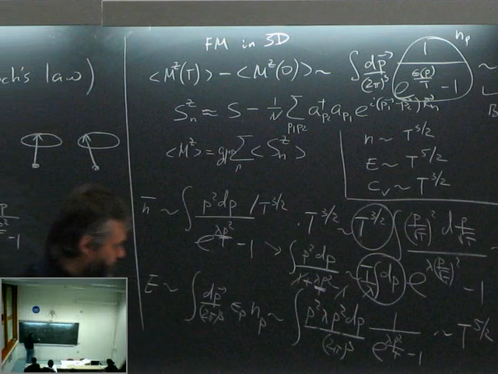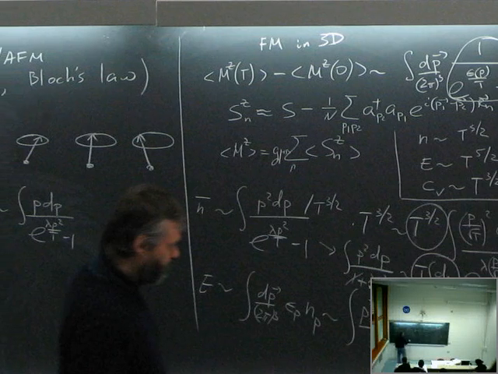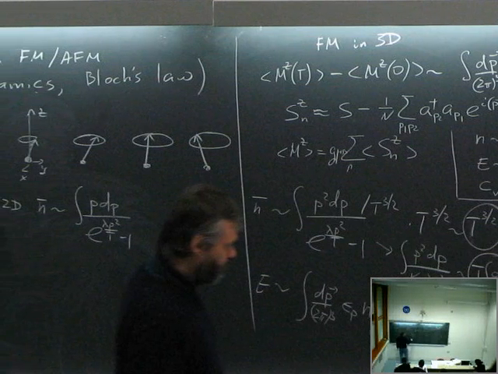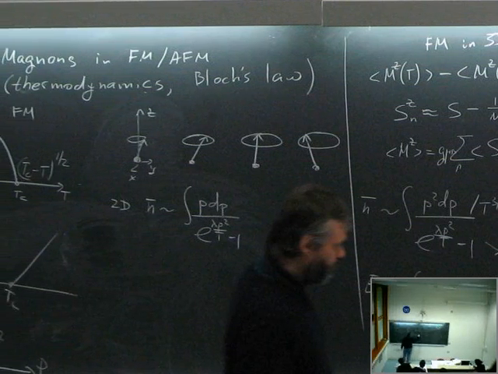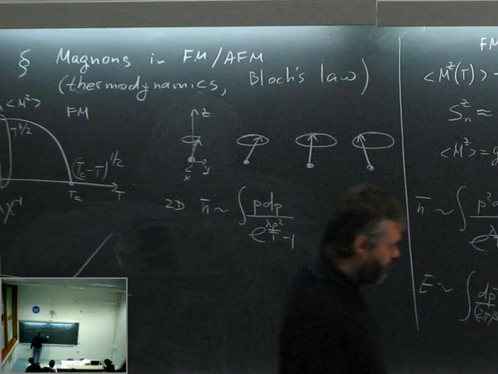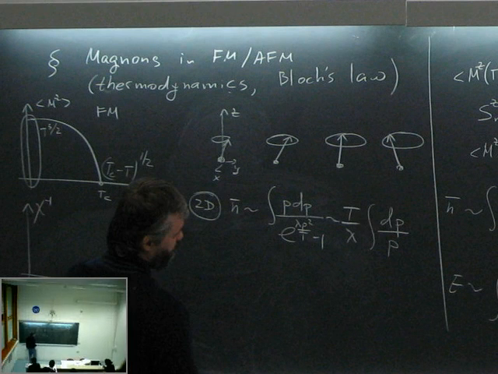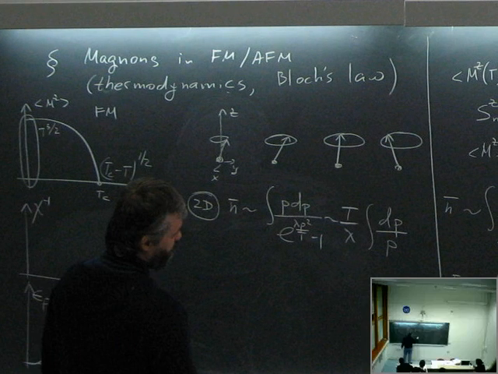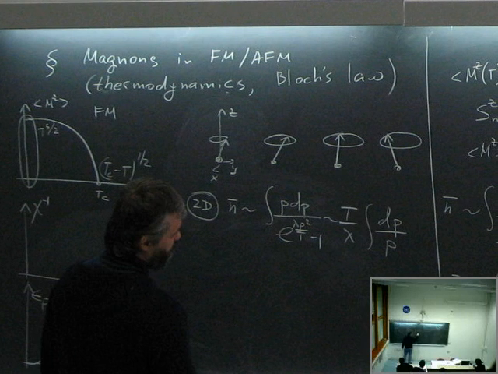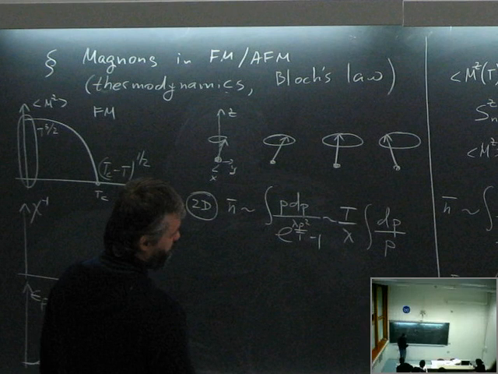So what happens in a two-dimensional system if we expand the exponent in the denominator and write T over lambda integral dp over p? It's from 1 over L to 1 over a, where L is the size of the system and a is the lattice constant.